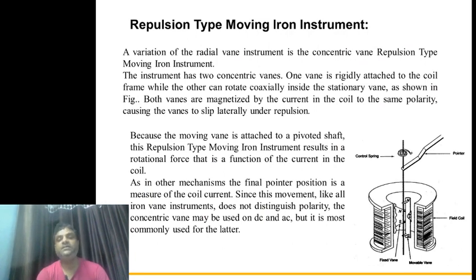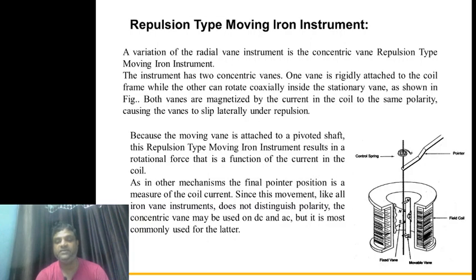Then the repulsion type moving iron instrument, a variation of the radial vane, is the concentric vane repulsion type moving iron instrument. We just change the vane. Where we used the radial vane, here we use concentric vanes. So the instrument has two concentric vanes. One vane is rigidly attached to the coil frame.